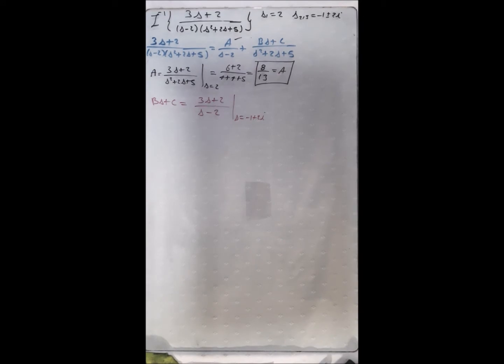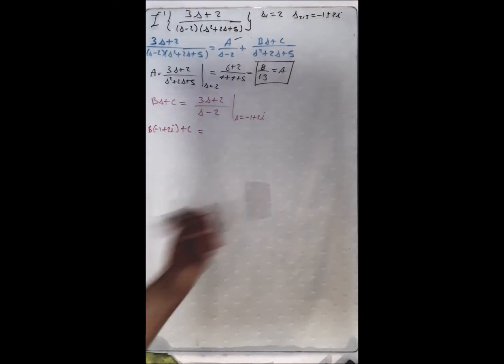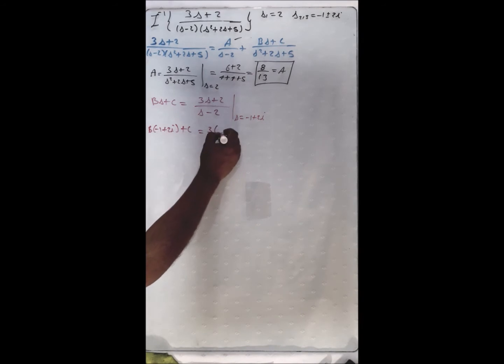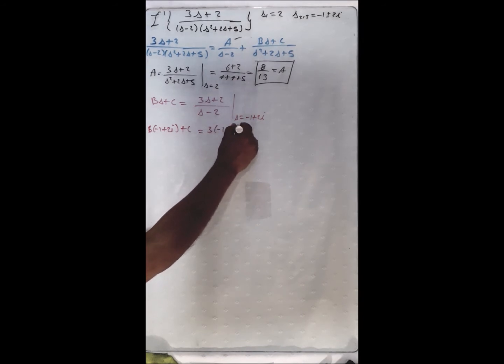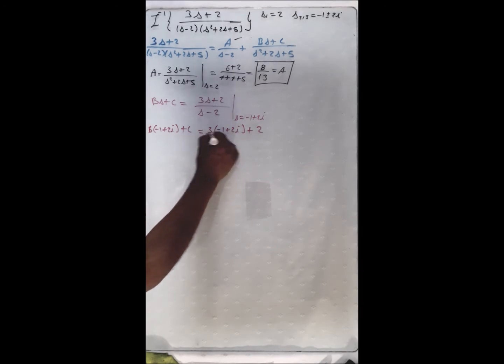Okay, let's do the replacement. So what you are going to have here is B times minus 1 plus 2i plus the constant C. That's on the left side. On the right side you will have 3 times the complex number, the imaginary root, minus 1 plus 2i, plus 2, and then minus 1 plus 2i, minus 2.